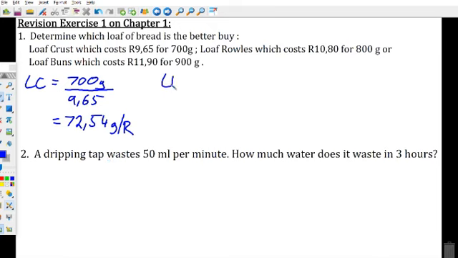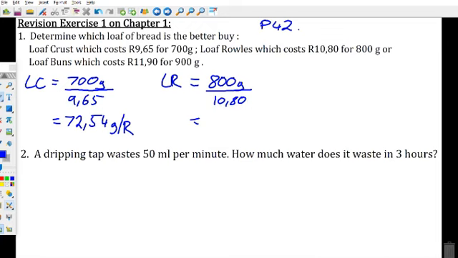For loaf rolls, what's it going to be? It's going to be 800 grams. It would be at the end of the chapter, page 42, you can skip ahead there. So for the loaf rolls, it's going to be 800 grams divided by 10 Rand 80.